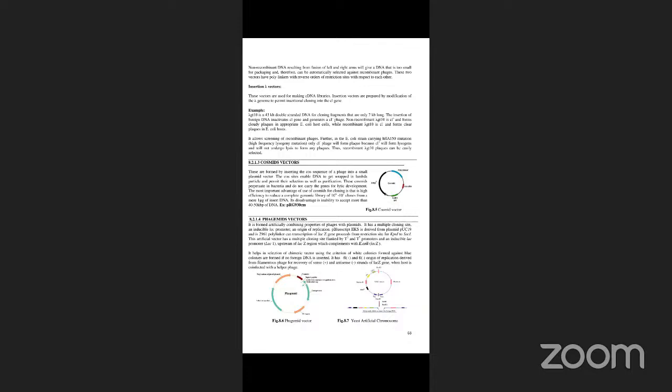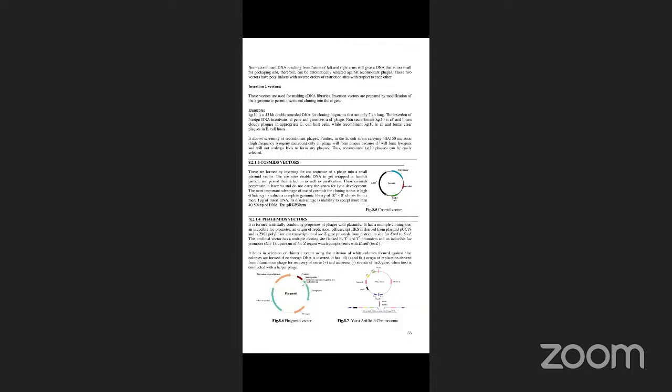So cI plus will form lysogens and will not form the lytic cycle to form any plaques. This is a type of selection process.